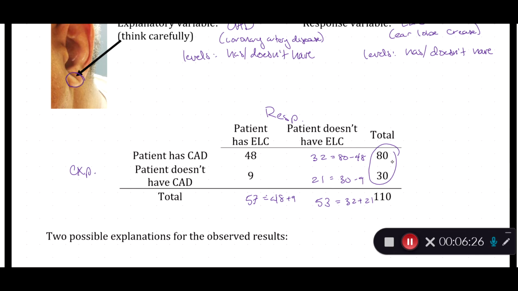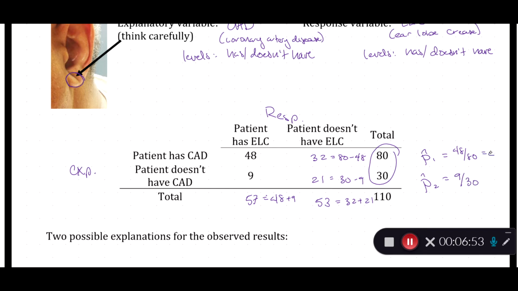So it's much better to look at the sample proportions. If there is an association, then the sample proportions for those two groups should be different. So we're going to look at P1 hat and P2 hat. P1 hat is 48 over 80 and P2 hat is 9 over 30.